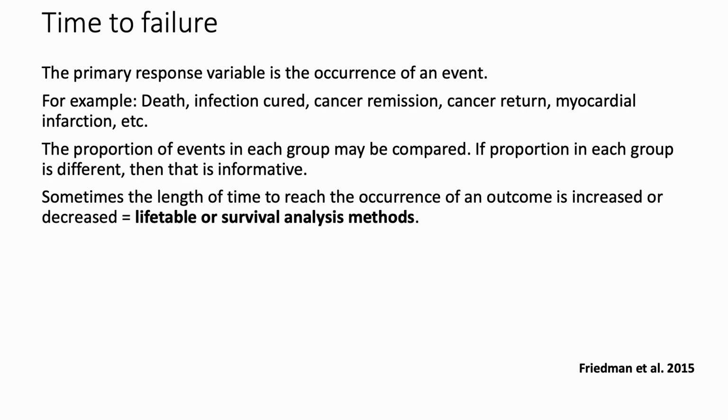And here we look into whether the proportion in each group is different, and if this is informative. Now, sometimes the length of time to reach the occurrence of an outcome is increased or decreased. Here we talk about life table or survival analysis methods.